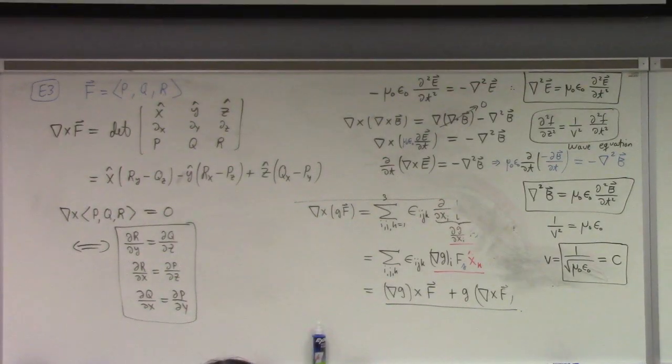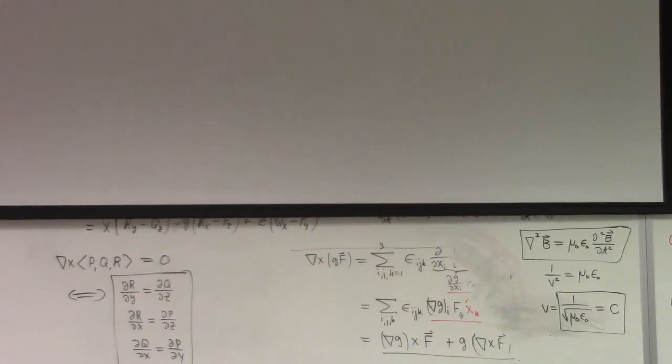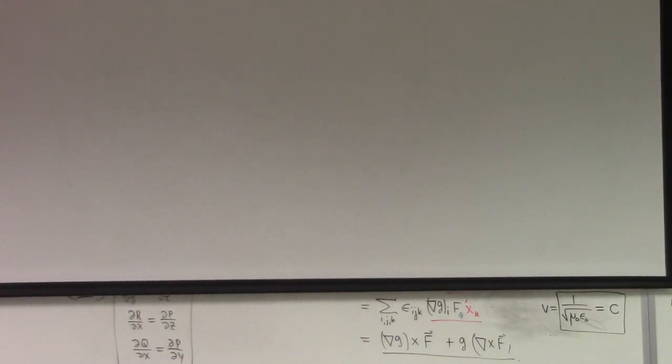Something to show you. I want to show you what I didn't do today, because it's quite insidious. So tomorrow, we will start our study of integral vector calculus. Tomorrow we will be doing the line integral.